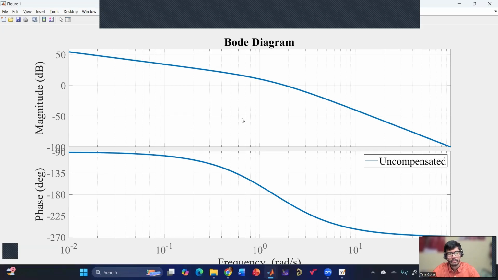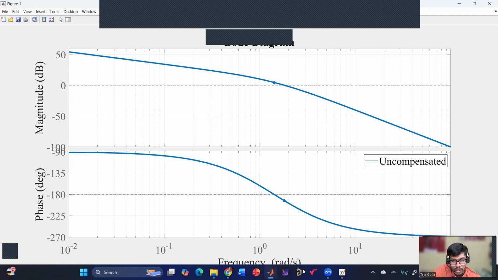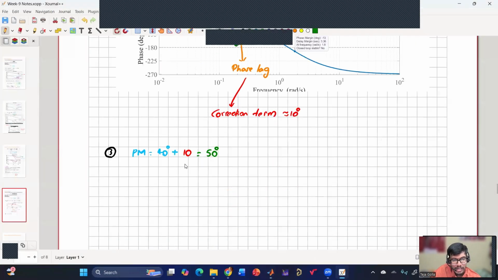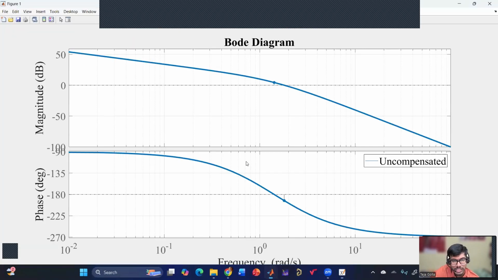So what exactly is happening over here? I need to find that frequency where my phase margin will result in 50 degrees. So I'll select that region, where 50 degrees means around 110. Sorry, not 110, to result in 130 degrees.